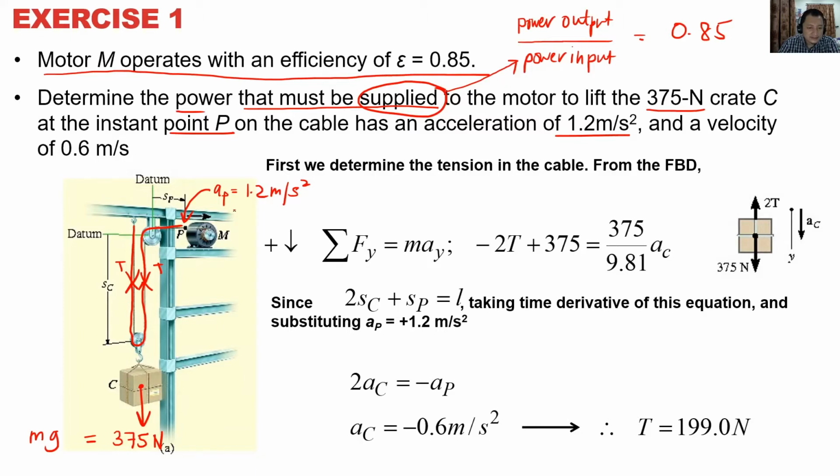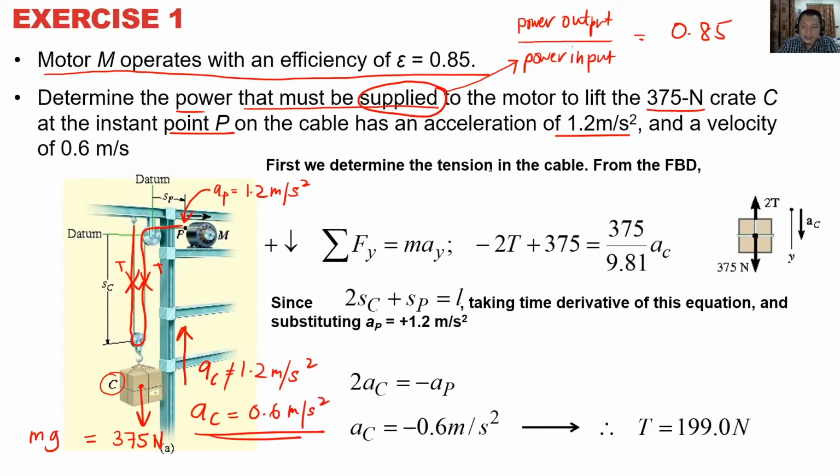So if you look here, AP is 1.2 meter per second squared, this box is not travelling up at that. AC, this is C, AC is not 1.2 meter per second squared. It's actually twice slower. So AC is actually 0.6 meter per second squared.